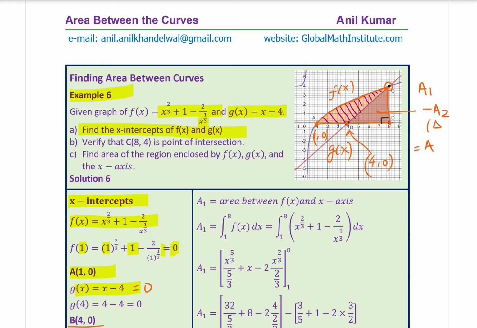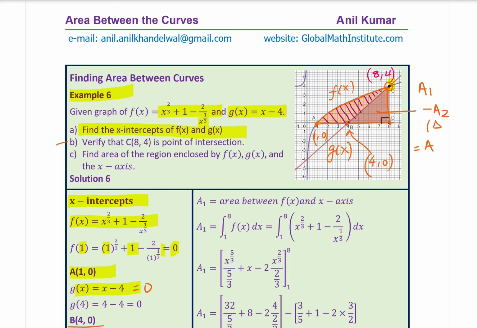Now we need to verify that 8 and 4 lies on both the curves. Point of intersection means on both the curves. So let's find that also. Substitute 8 in your function. When I substitute 8 in the first function, what do I get? I get the value of 4. So that means this point is 8, 4 on the function f of x, correct?